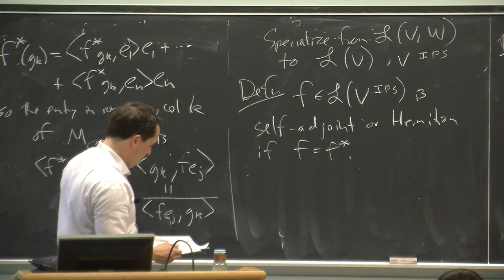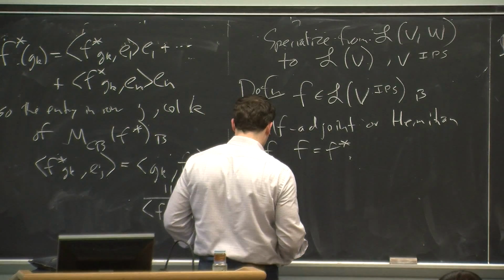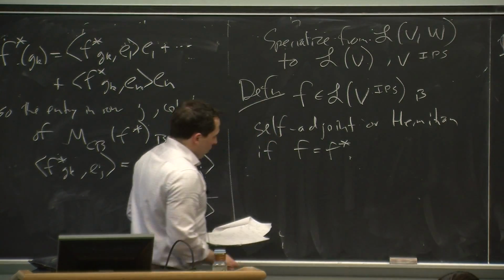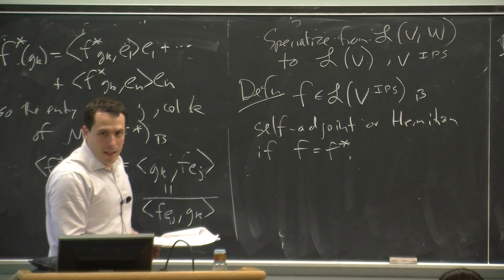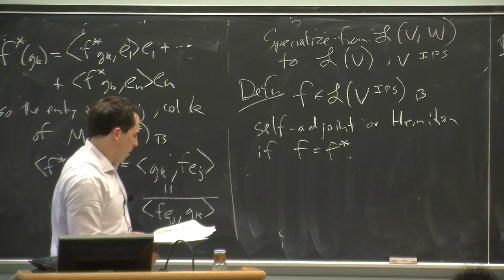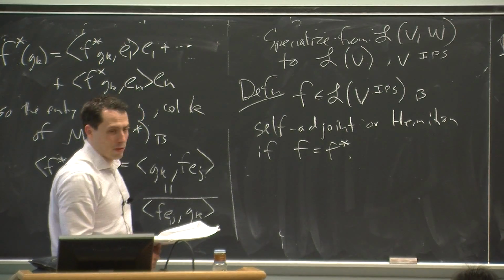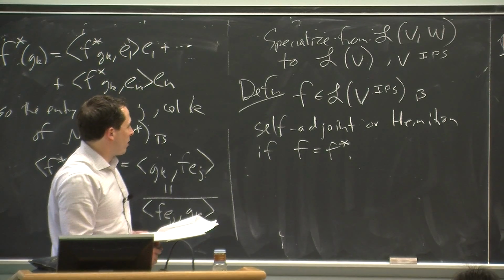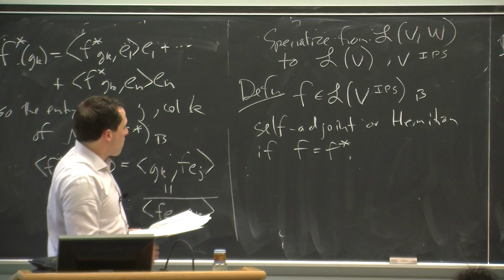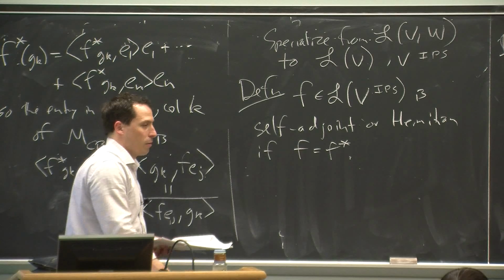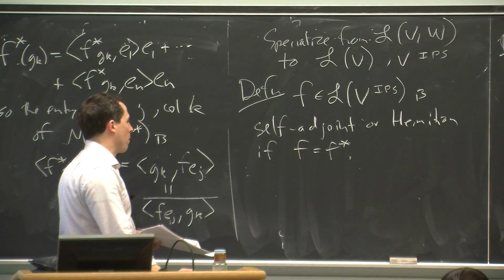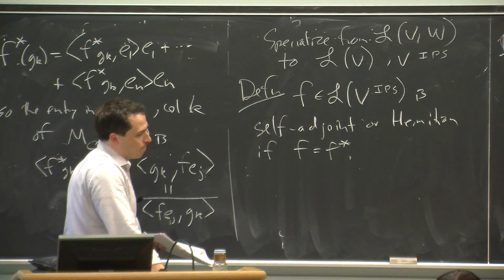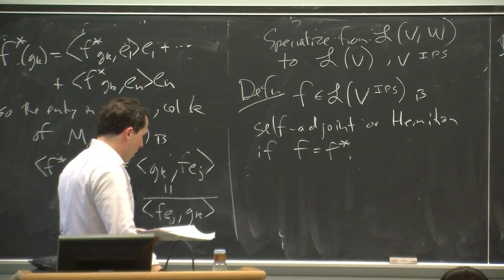So self-adjoint operators are actually extremely common and are used to represent lots of systems. Examples include things like covariance matrices, adjacency matrices of a graph, or operators representing physical observables, like quantum observables, Hamiltonians, and things like that.